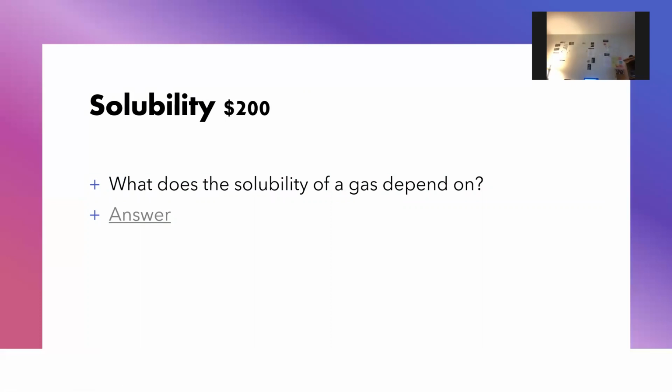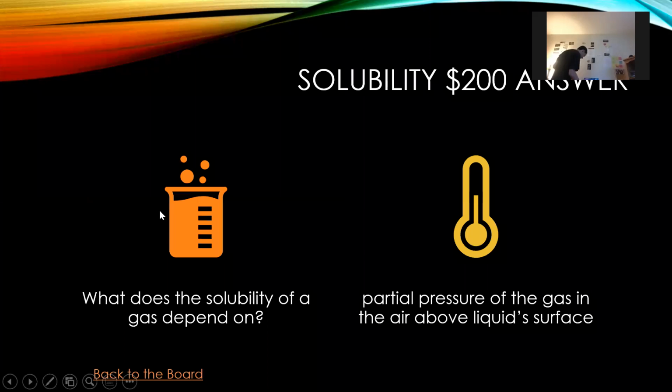Iodine: What is the partial pressure of the gas above the liquid surface? Good. Partial pressure of the gas. Good answer. 200. You're all going up. Nobody's in the negatives. This is going well.